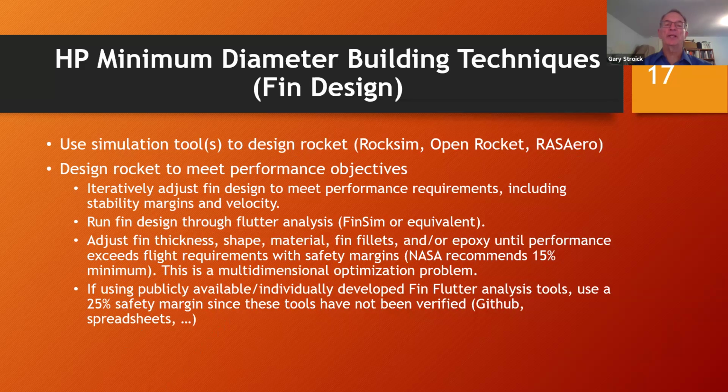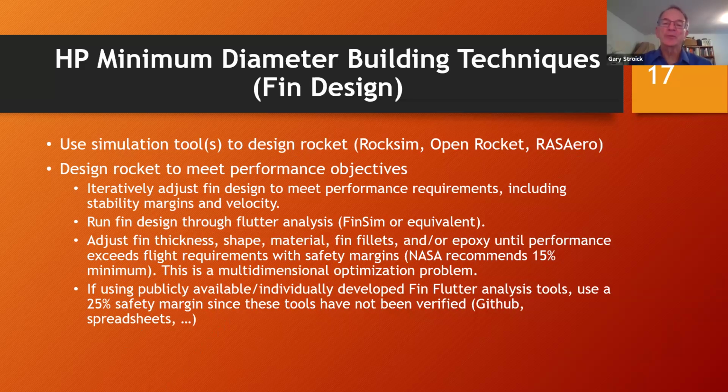If you're using some publicly available or individually developed fin flutter analysis tools, which you can find in GitHub or other spreadsheets that may be out on the internet, you can certainly use those. But they haven't necessarily been through as much use and analysis as some of these other tools like FinSim have been through. And so you might want to have a larger safety margin because you're trying to optimize these.